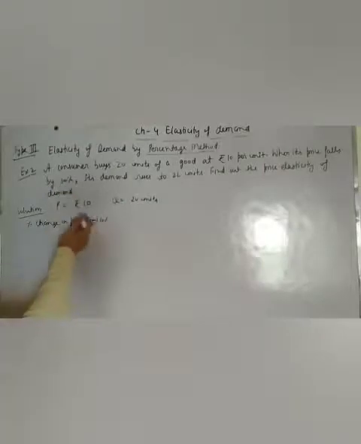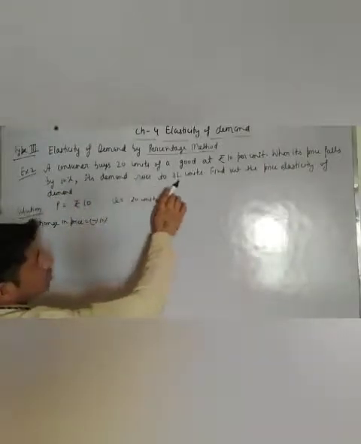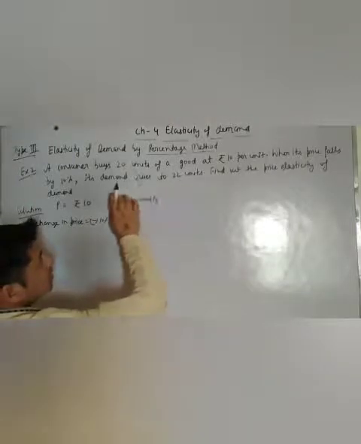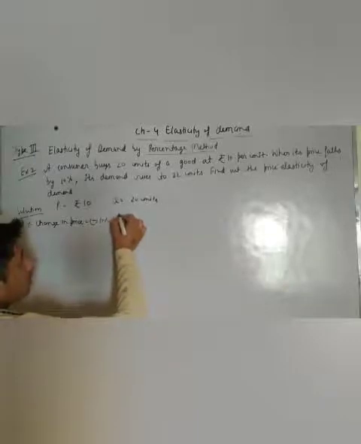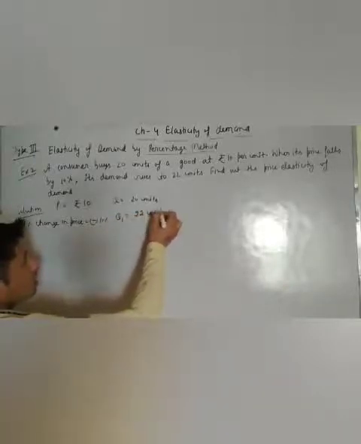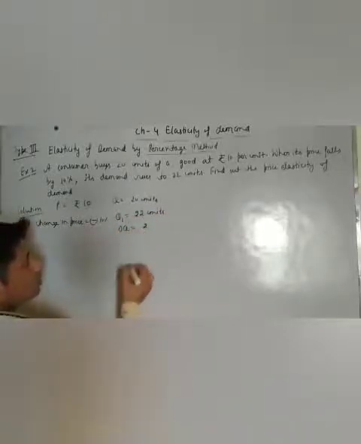See, now demand rises to 22 units. Demand rises to 22 units means this is Q1. So find delta Q. Q1 minus Q means 2.